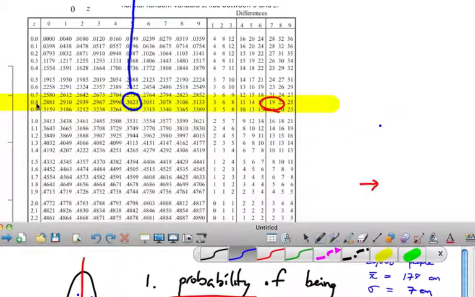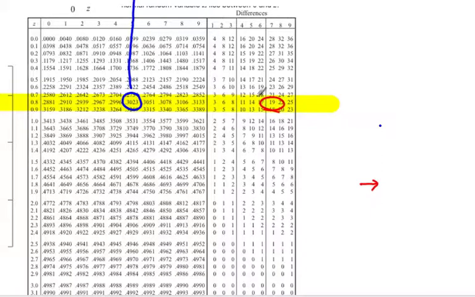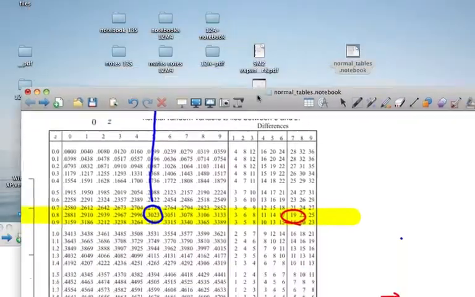The table's 0.85, so therefore 0.3023 is our starting number. And 7 is way over here. There's 19. If you add 19 onto the 0.3023, you get 0.3042.